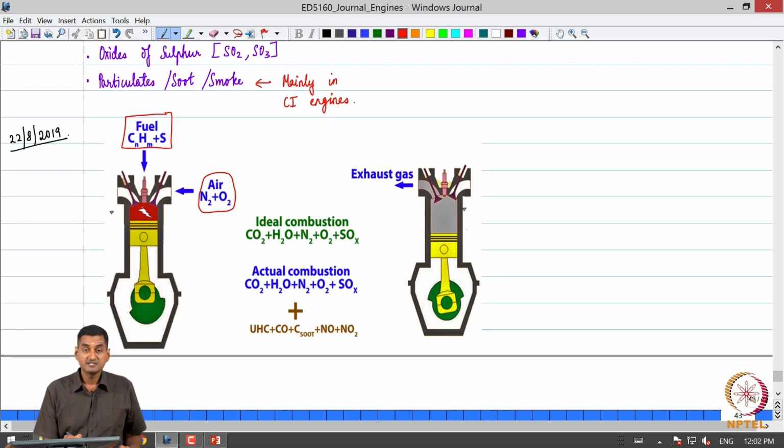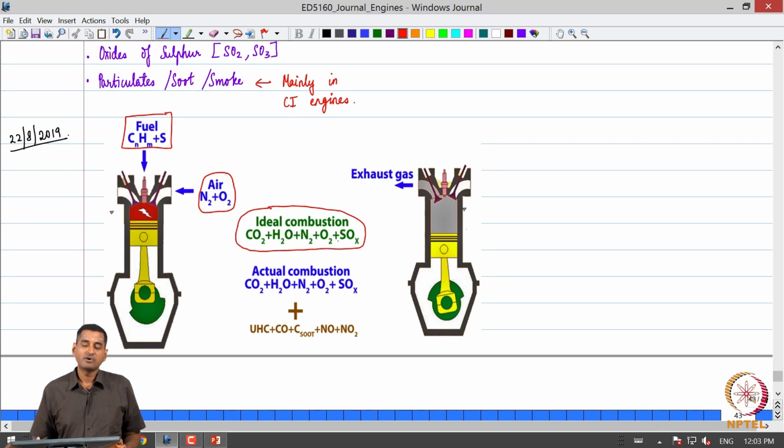When we burn them together in the combustion chamber, chemical reactions occur, and in the ideal scenario the exhaust should contain carbon dioxide, water vapor, nitrogen as N2, any excess oxygen as O2, and maybe some oxides of sulfur. That is as close to the ideal process as we can expect.